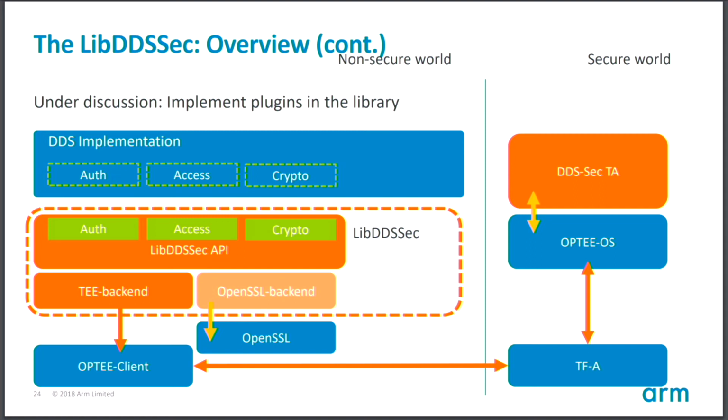It doesn't give you the exact API, but it does give you which kinds of attributes it should have, or which kinds of operations it should expose. So this is more likely what we are going to have going ahead. We have discussed this with some different DDS vendors at the moment.